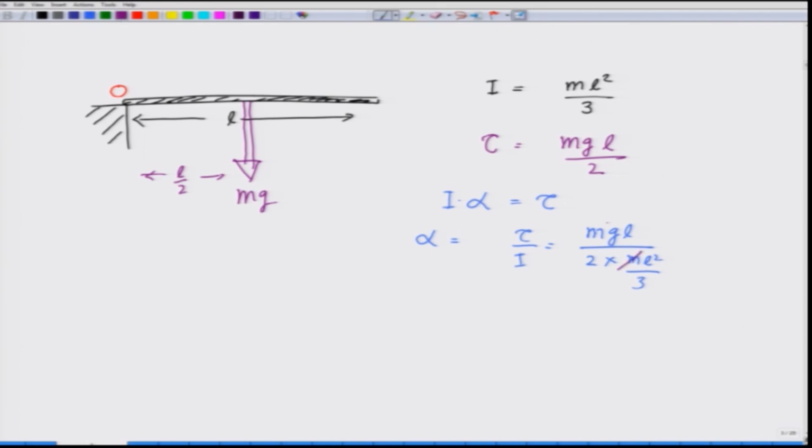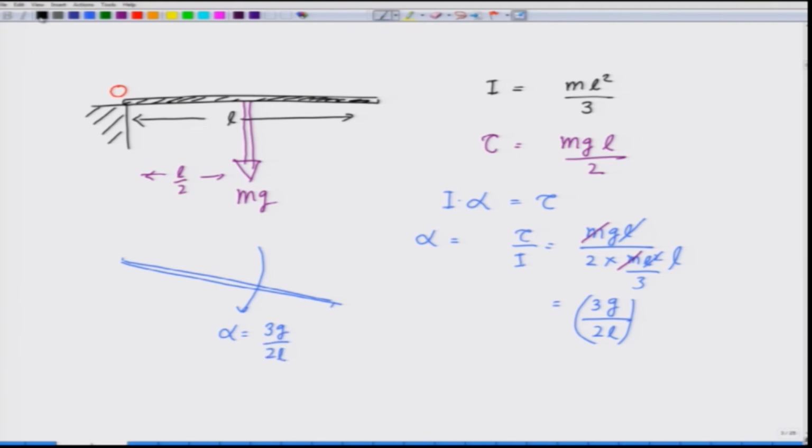The m cancels, one L is left, and you get alpha equal to 3g over 2L. So, this rod, when it starts coming down, is coming down with an angular acceleration alpha equal to 3g over 2L.